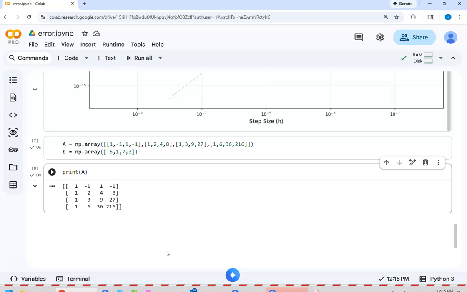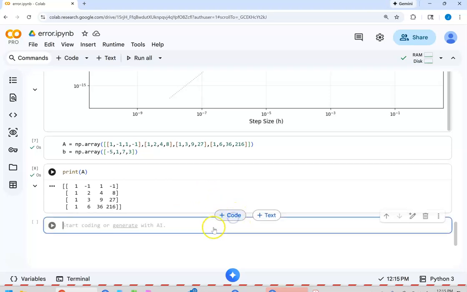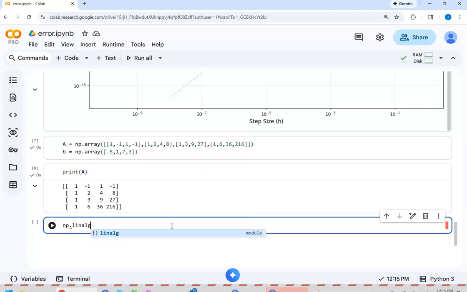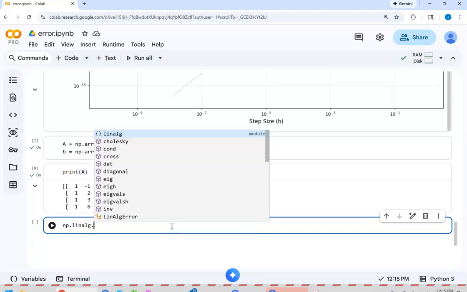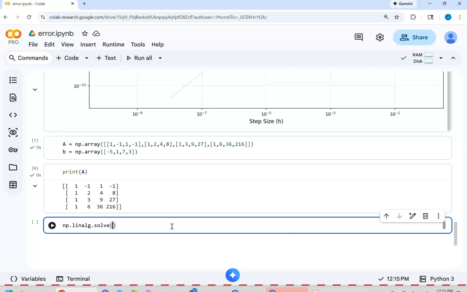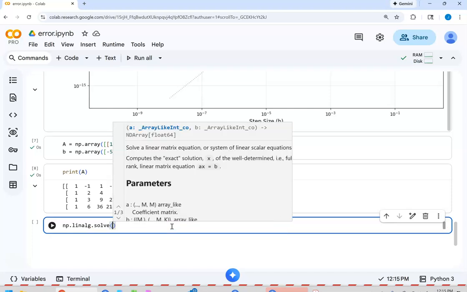Okay. All right, so I want to solve the system of equations, right? I could have imported the linear algebra commands separately, like we did NumPy as np, but I didn't do that, so I need to type it in there. np.linalg will call linear algebra functions, and then solve will solve the system.